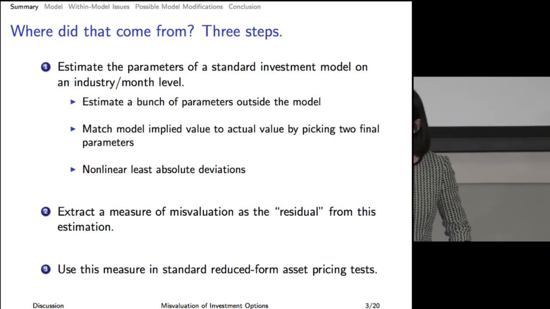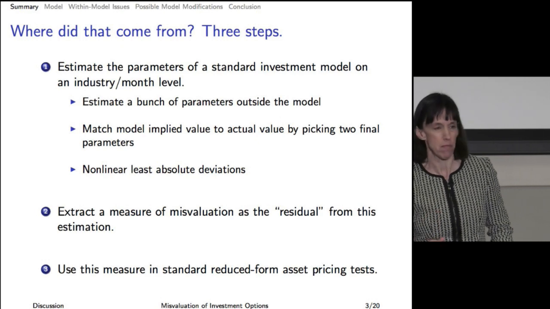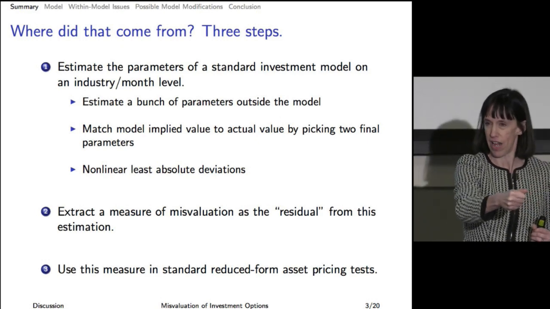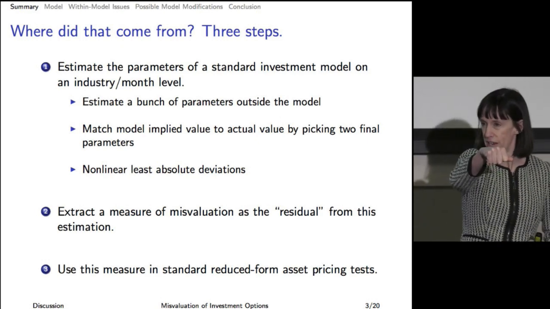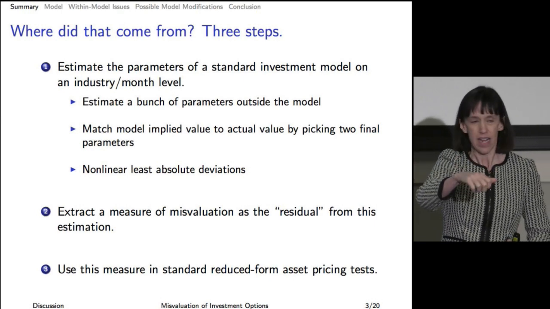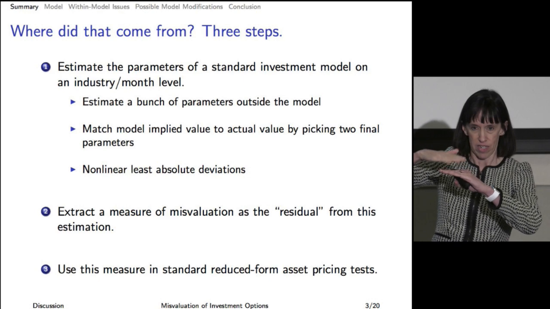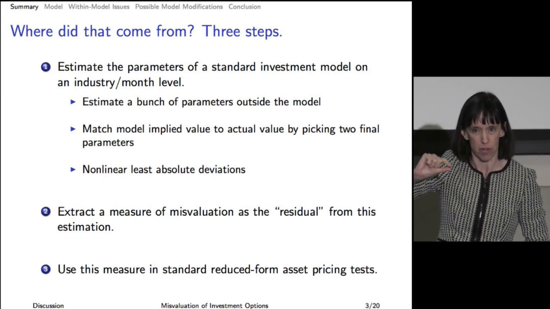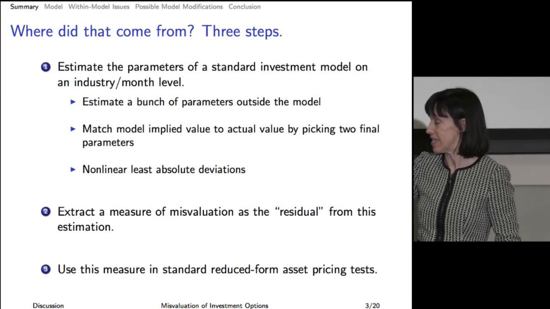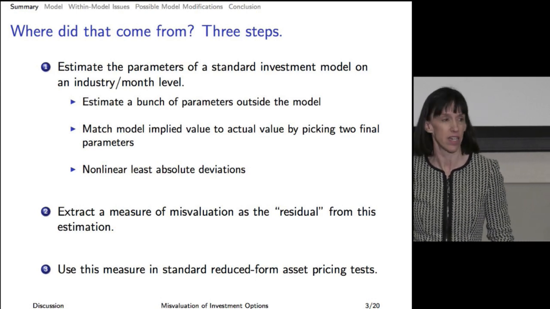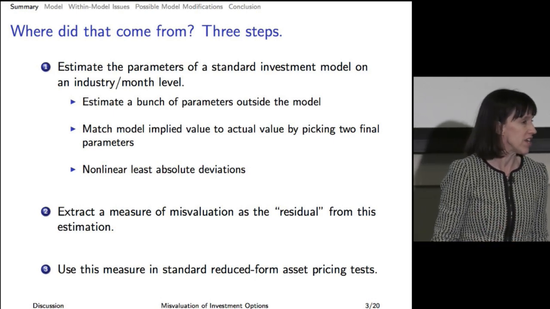And then they take all these parameters, plug them into the model, get a model-implied valuation, compare that to the real actual value, and then pick two extra parameters to get those residuals as small as possible. And that's just a really simple, nonlinear least absolute deviations estimation.